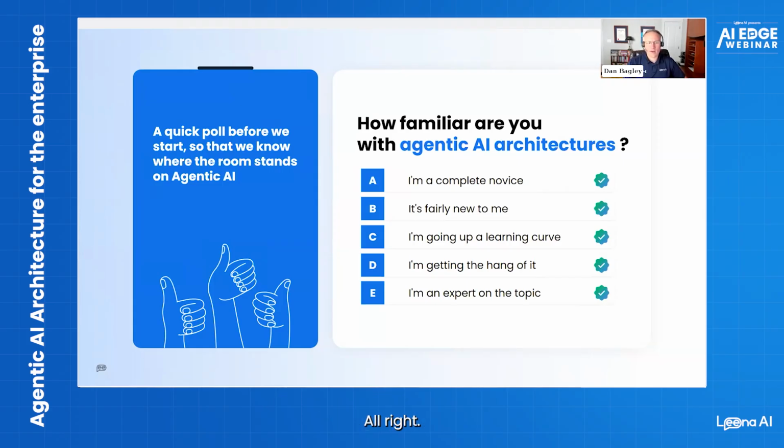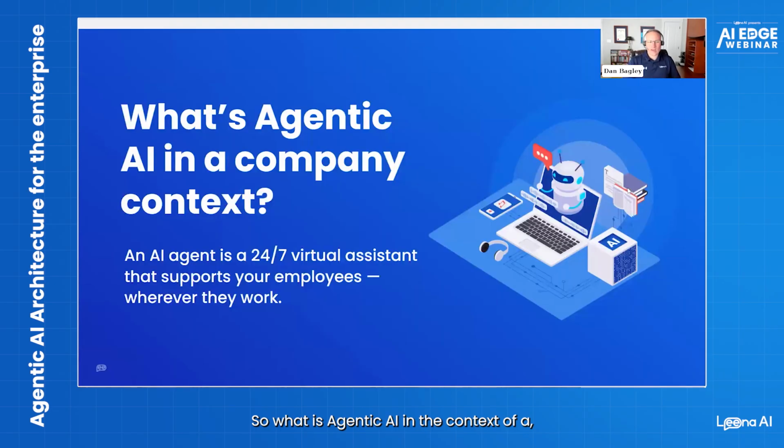Great. All right. So what is agentic AI in the context of an enterprise deployment? For me, I like to start with the term agent. For most of us who have participated in real estate transactions, thinking about something like a real estate agent is a good analogy.